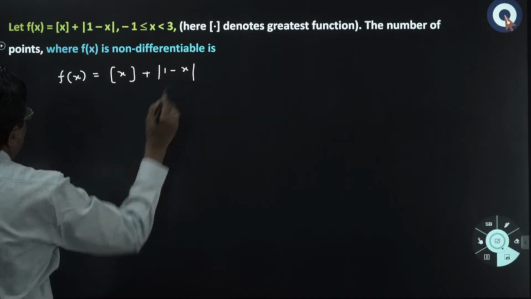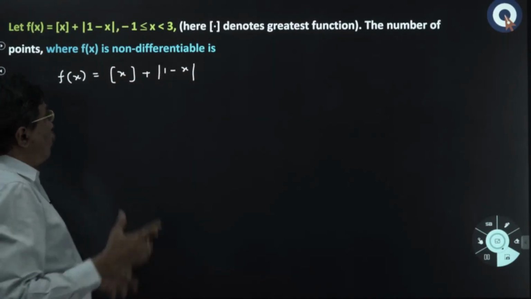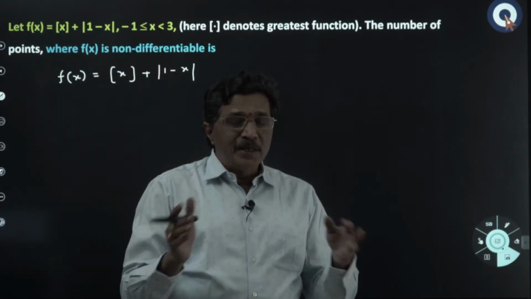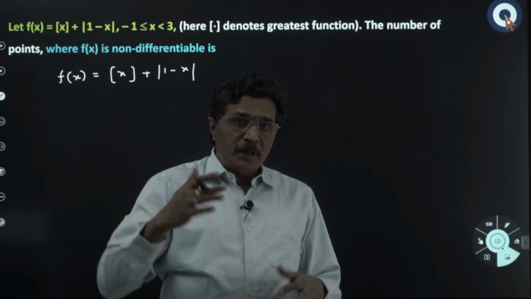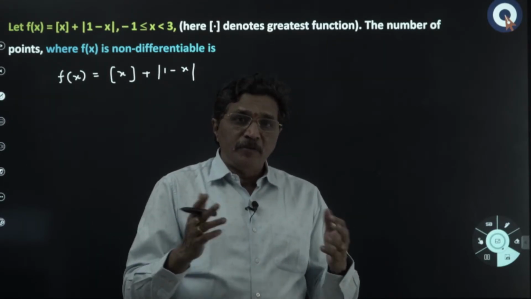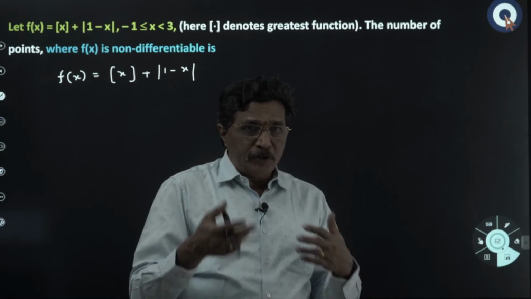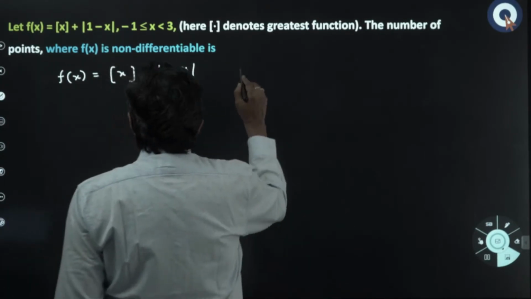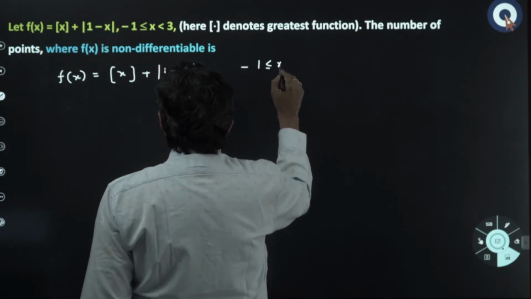This step x, some people call it the floor function or greatest integer function, anything you are used to. It is defined for −1 ≤ x < 3.